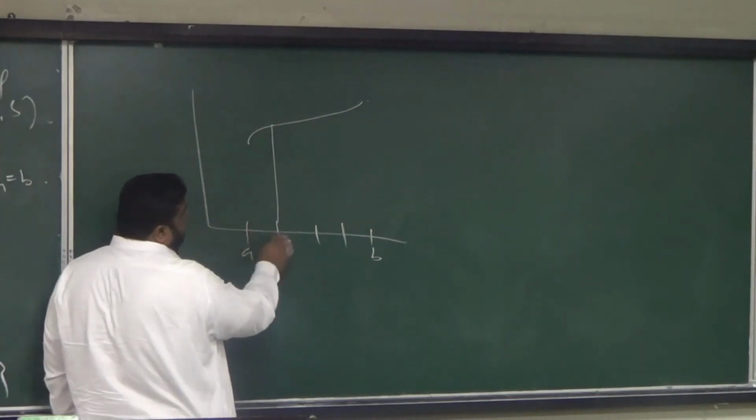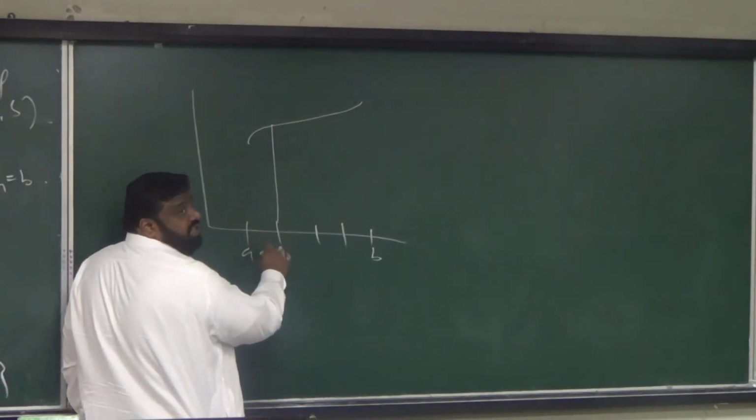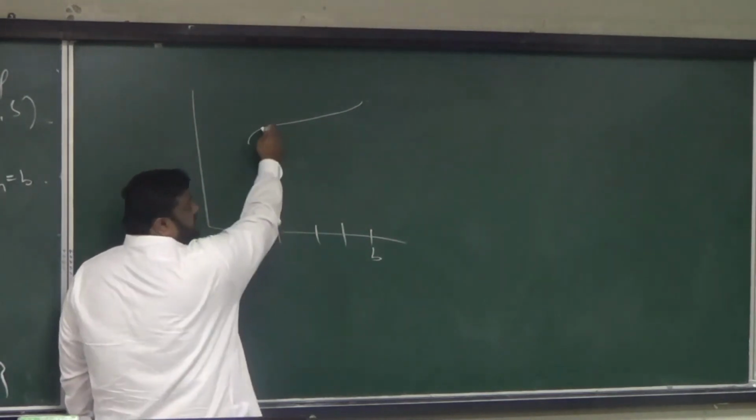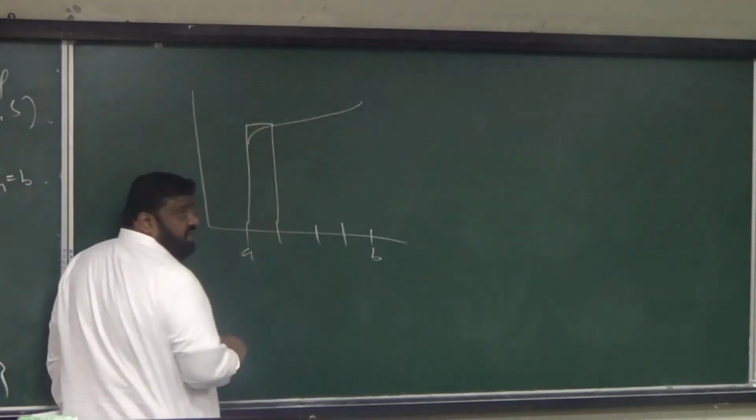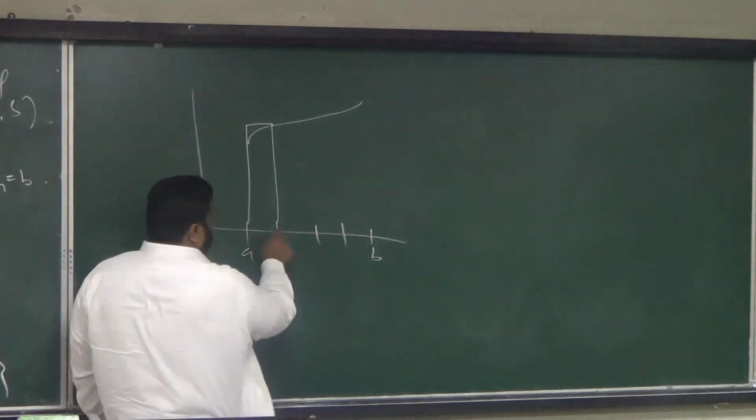So it's like, what is the biggest value of f in this interval? It is this one, and I draw a rectangle of this one. How about here?